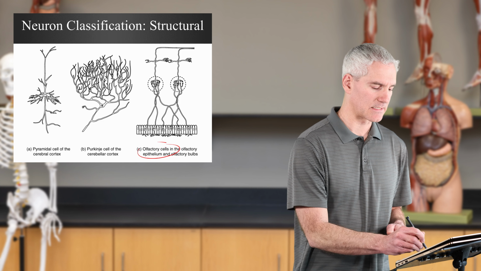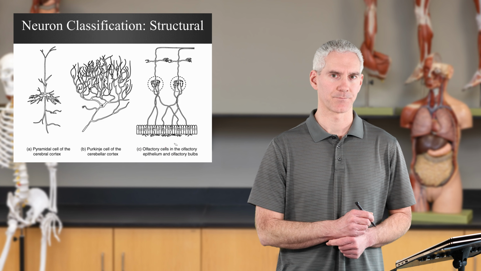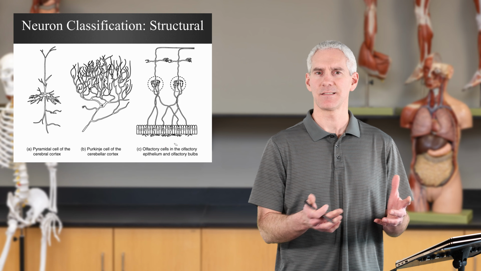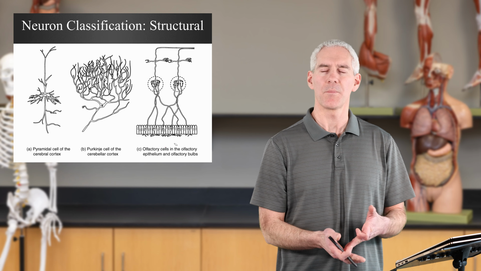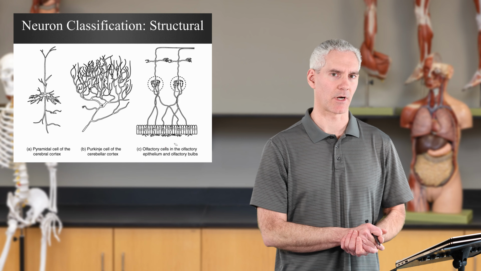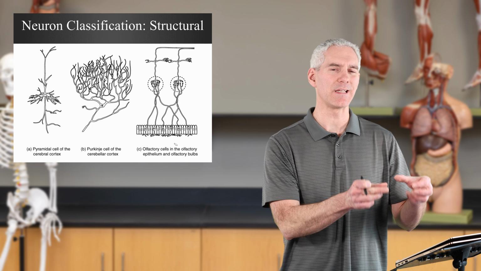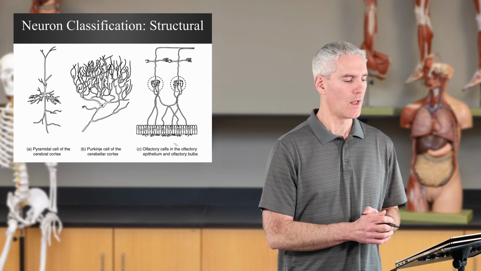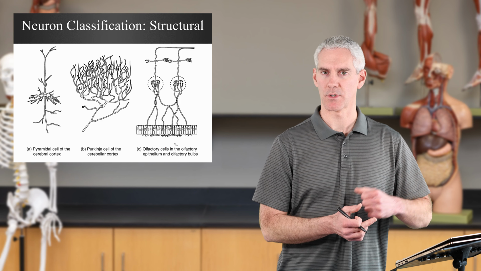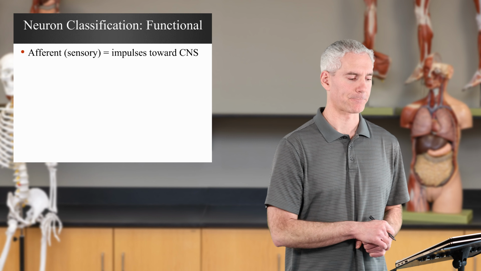They're specialized based on what they need to do. So your body has, yes, the common ones, unipolar, bipolar, multipolar, but then also specialized structures that do a very specific task and purpose and their locations. So these are all the structural classifications.